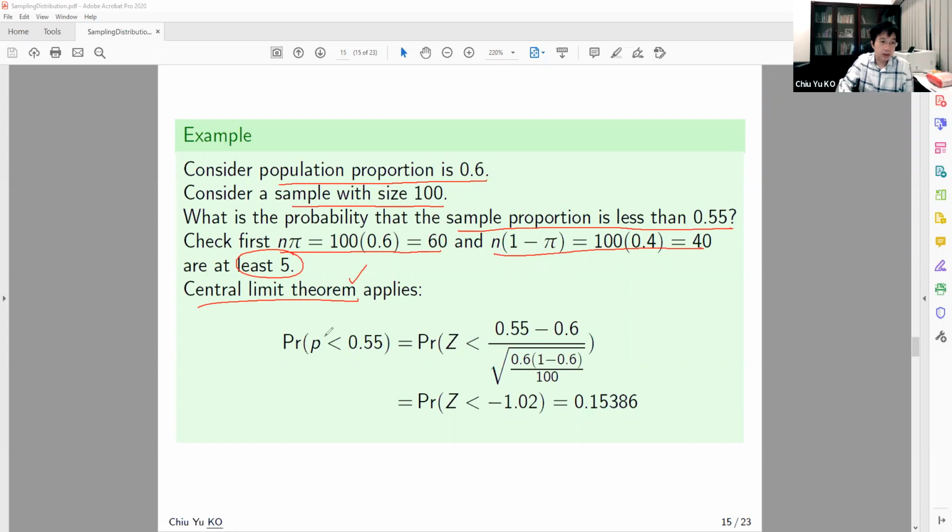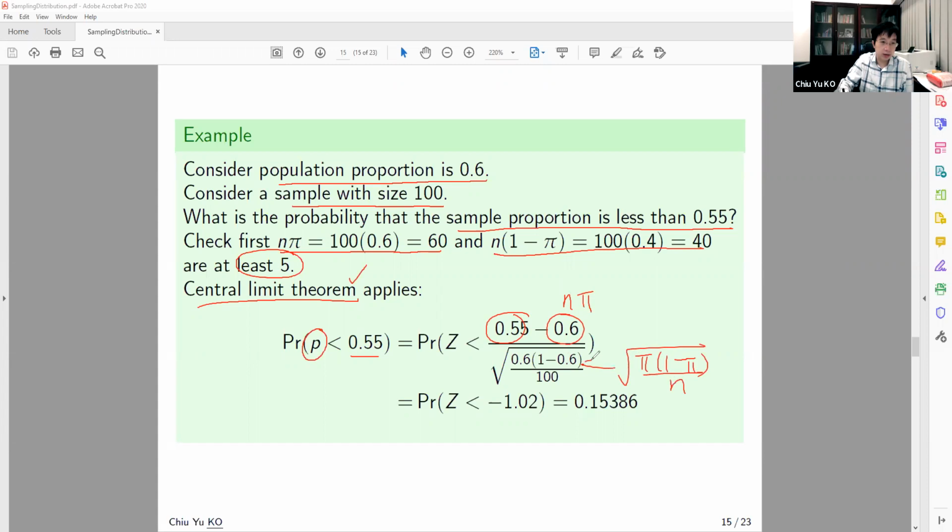The probability that the sample proportion is less than this number will be equal to this number minus pi, over the square root of pi times 1 minus pi over n.